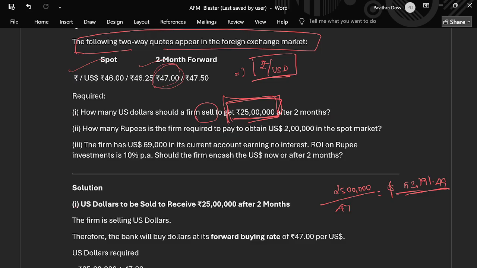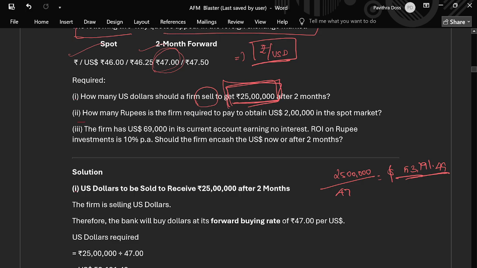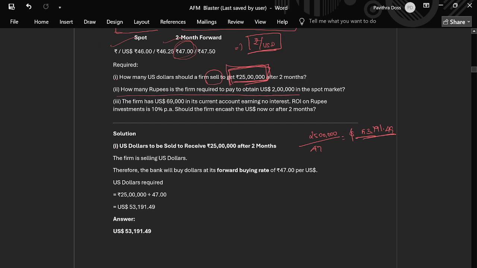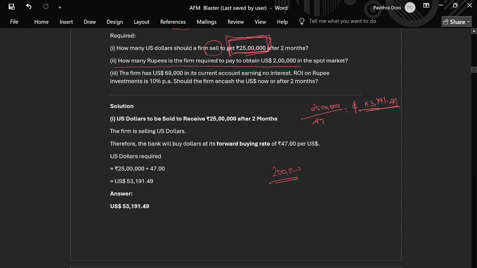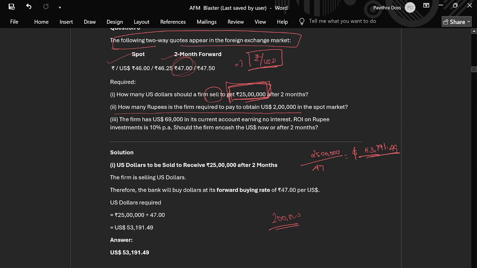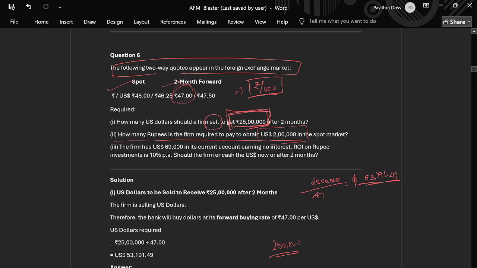So this is the answer to that question. Now, how many rupees is the firm required to pay to obtain 2 lakh USD in the spot market? So 2 lakh we need in the spot market means how much should we pay in the spot? We are going to buy USD. Buy means at the highest rate.